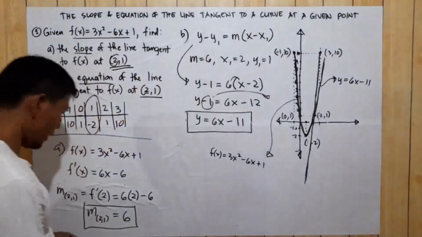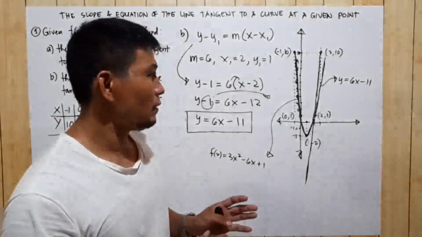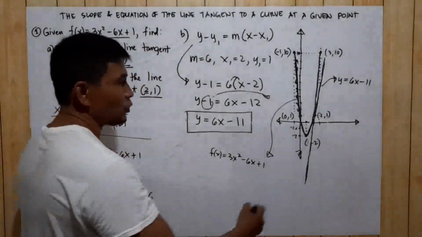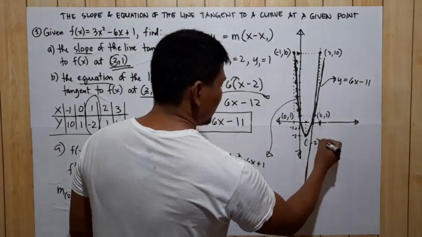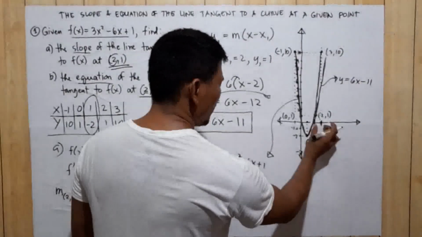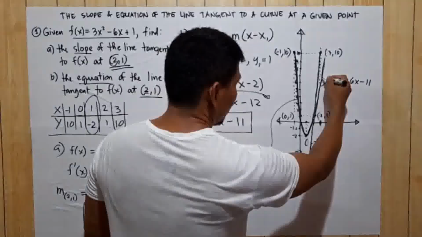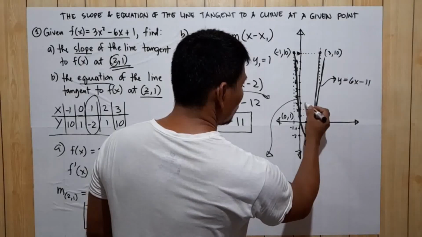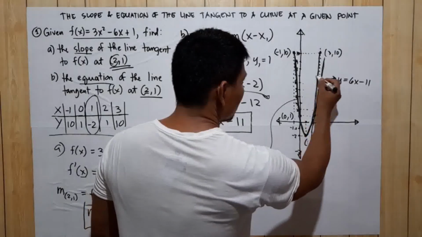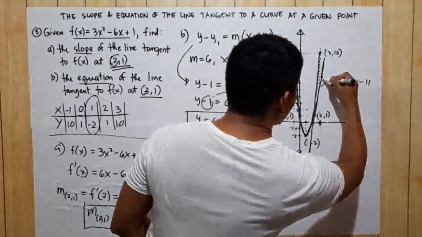So, ibig sabihin po ng slope na to is, di ba yung slope is rise over run. So, pag 6 po siya, ibig sabihin sa bawat isang increment ng ating x, meron po tayong 6 na paakyat. So, parang galing po dito, meron tayong 1, 2, 3, 4, 5, 6. So, parang ganyan po yan.